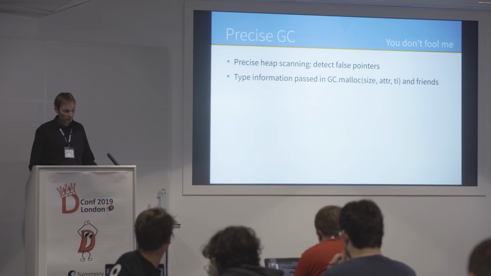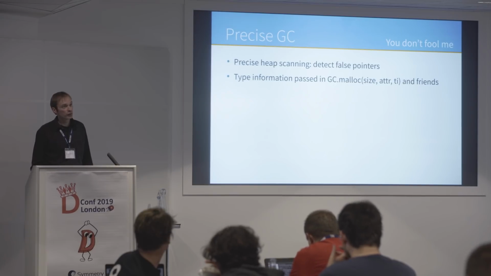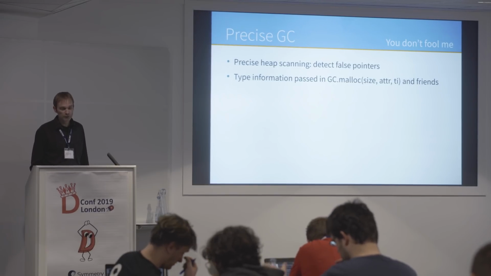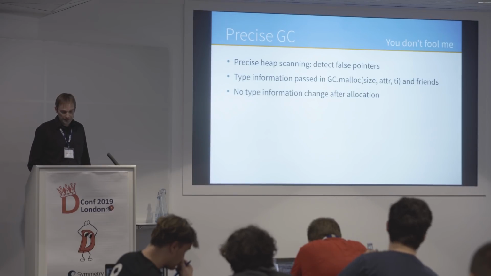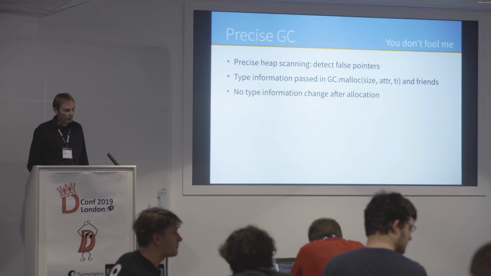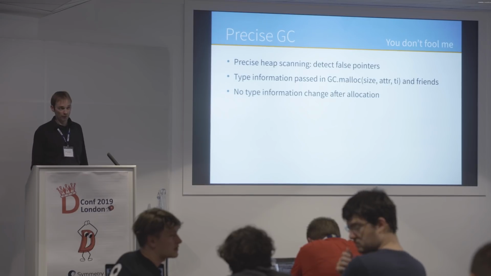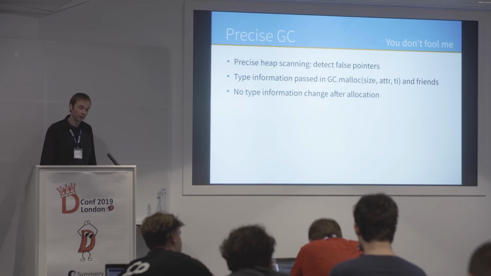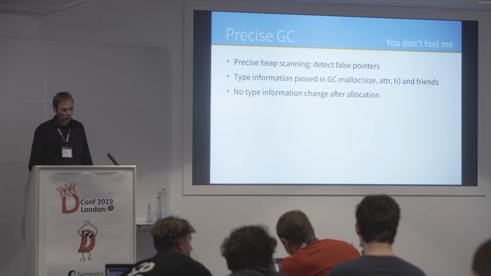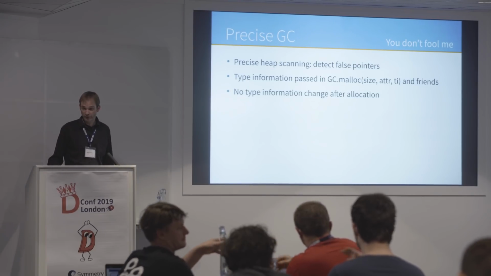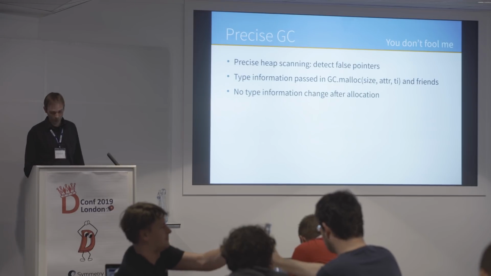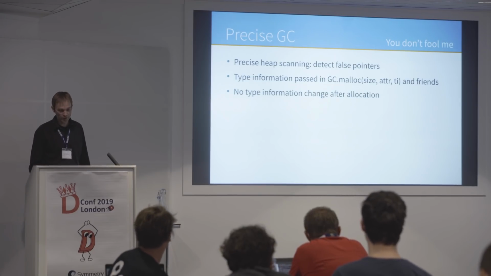This is implemented by passing type information to the allocation functions and others, but no type information change is available after allocation. That was in the proposed precise GC I presented in 2013 at DConf, so it's finally here after 6 years.